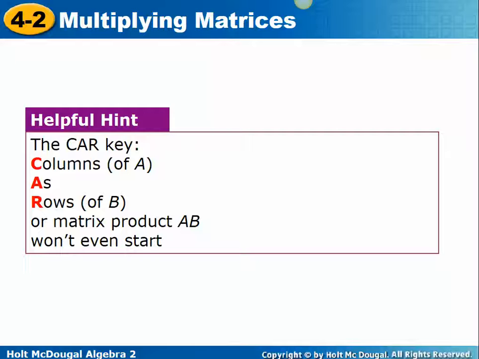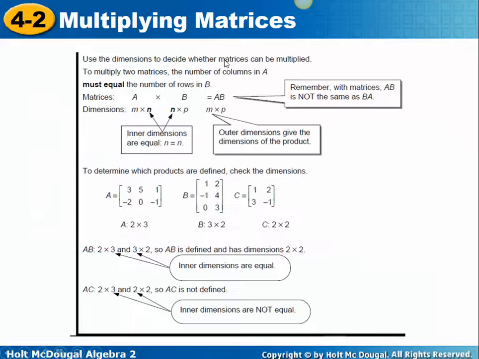Columns of A have to match rows of B. So if the columns and rows are not the same, the matrix product AB won't even start. So the car won't start. That's one way of remembering it. This is on your worksheet. It just is a reminder for you of what we just talked about, kind of a summary of when you can or cannot multiply matrices.